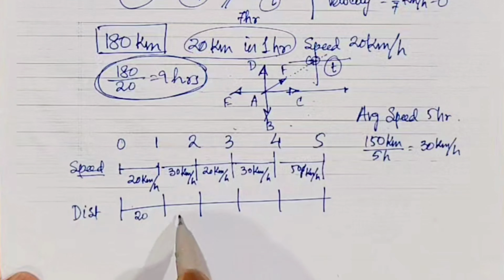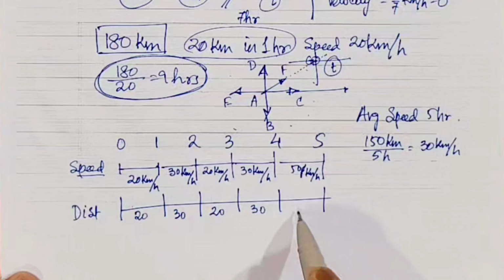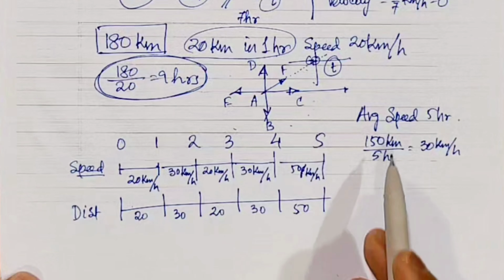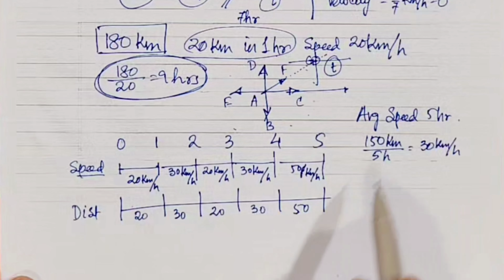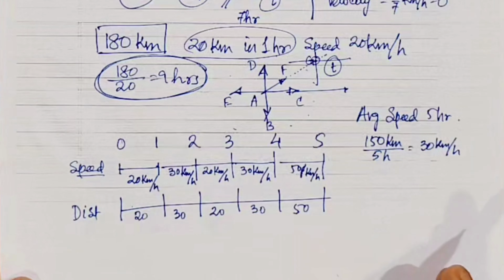From 1 to 2, 30, then 20, 30 and 50. So total distance covered is 150 kilometers divided by total time taken, 5 hours. That's how you find the average speed of the journey.